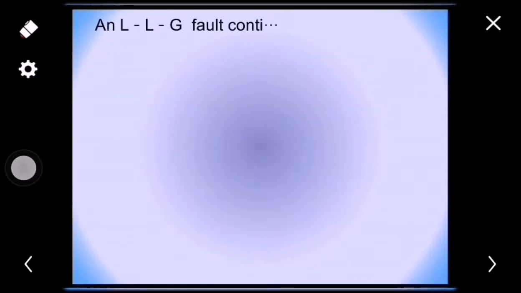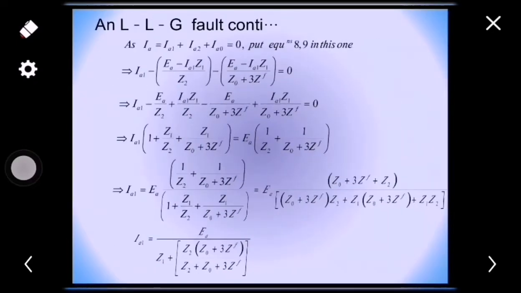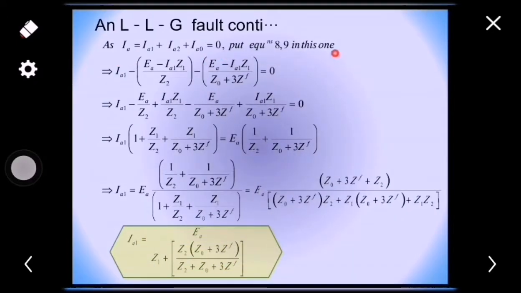So using equations 8 and 9 in the basic boundary condition, IA equal to 0, at last you will be in a position to derive this equation, which is what I already told you, what you can obtain from the basic laws of electrical engineering from that parallel connection network. Here IA1 is equal to EA upon Z1 plus the parallel combination of Z2 and Z0 plus 3ZF. The equation of IA1 will lead us to IA0 and IA2 using the current divider rule.